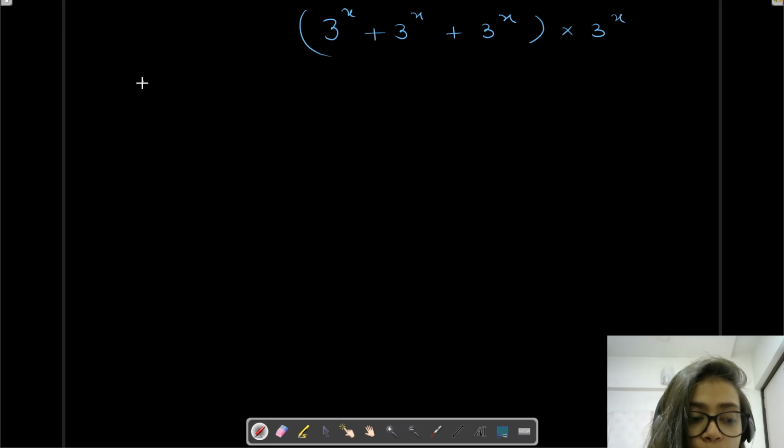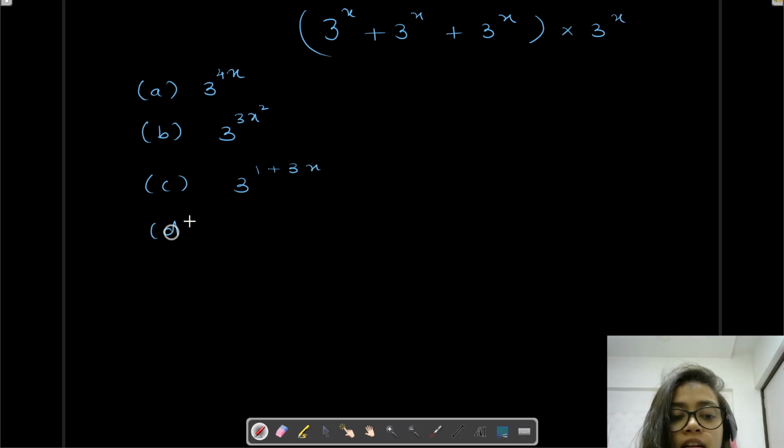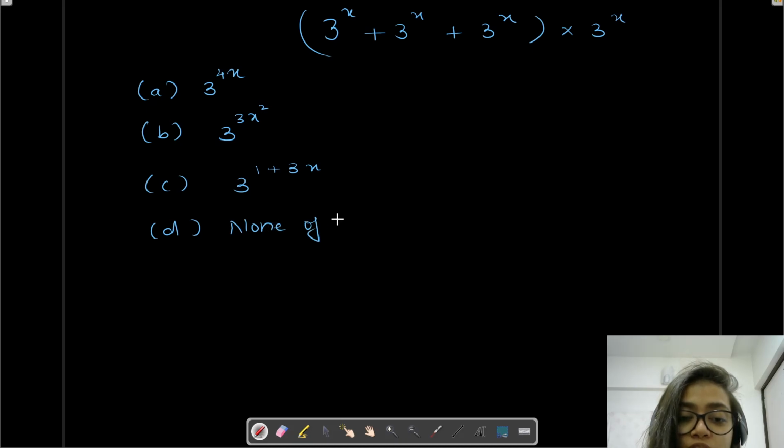We have 4 options: 3 raised to 4x, 3 raised to 3x square, 3 raised to 1 plus 3x, and finally none of the above. None of the above is for those students who are not able to get any correct answer.